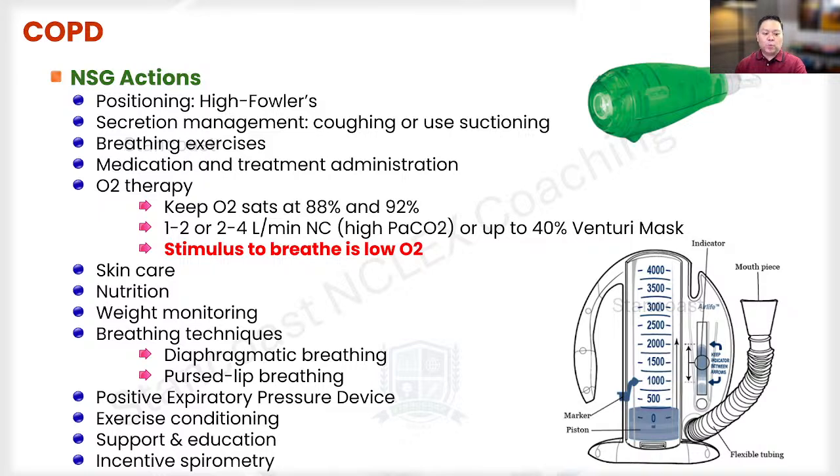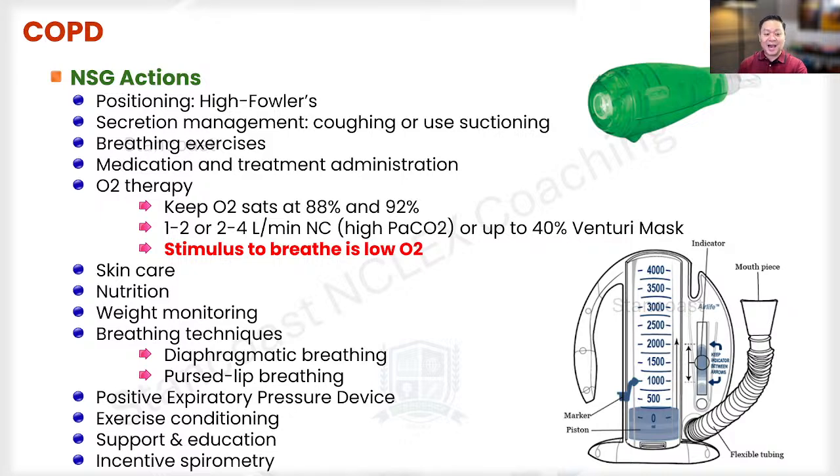Now, back to the incentive spirometer. We want to make sure that we are really observing the patient so that they can do this procedure carefully and correctly. Because probably you're just showing them the paper or the instruction, just handing it out, and they did not really understand the instruction. So before you end up leaving the patient to read the pamphlet, make sure that you have them do a return demonstration.